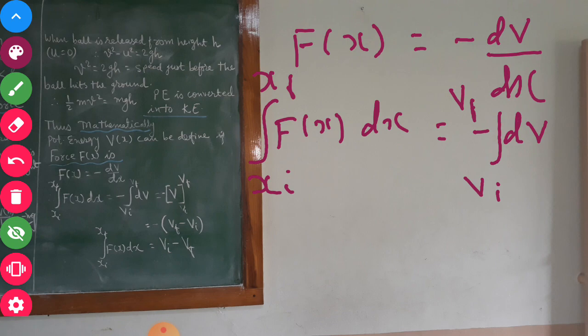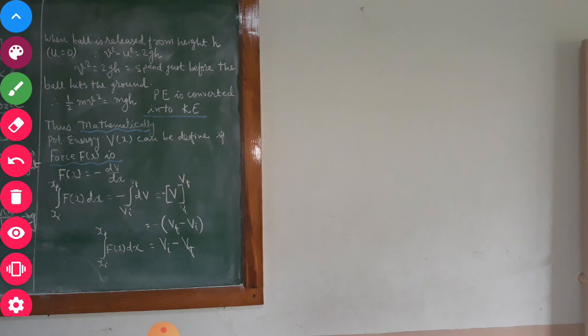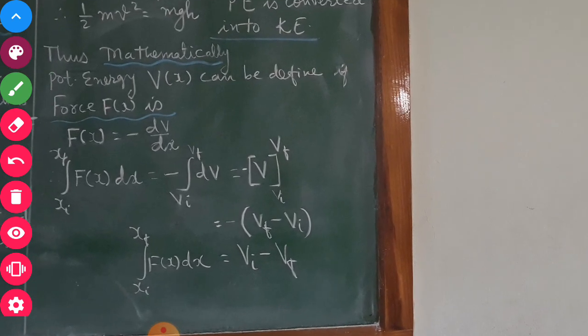The integration of dV is V, so it can be written as minus V with the lower and upper limits, minus Vf minus Vi. If you open the bracket you get Vi minus Vf, because the negative becomes positive, and that is shown here.